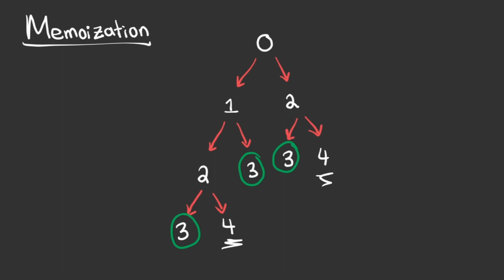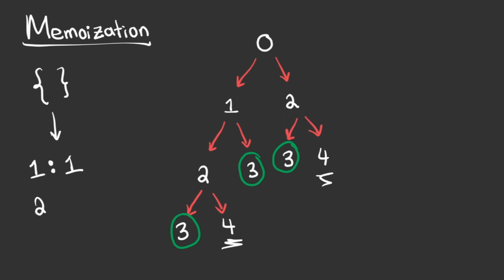Well, for memoization, what we actually do is we keep a dictionary that stores the value evaluated with the root value. We know that 1 always evaluates to 1 since this is a base case.